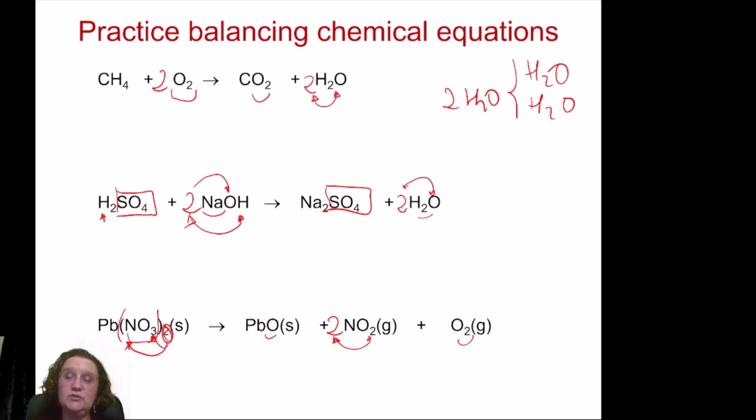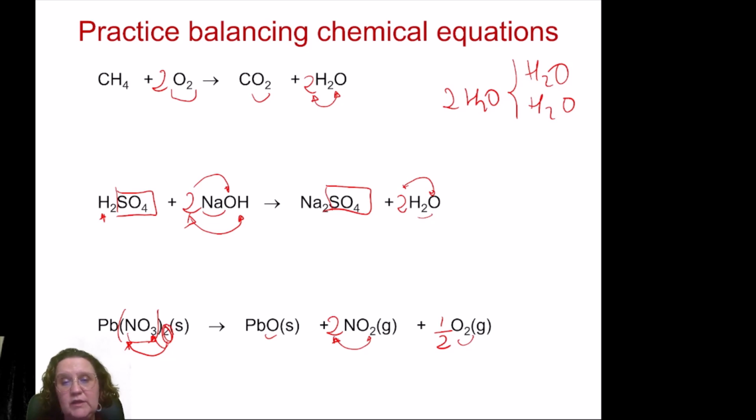However, you can do something, which is have a fraction of the O2. So you don't have an O2, you only have half of it. And in some books, they will be happy with that.